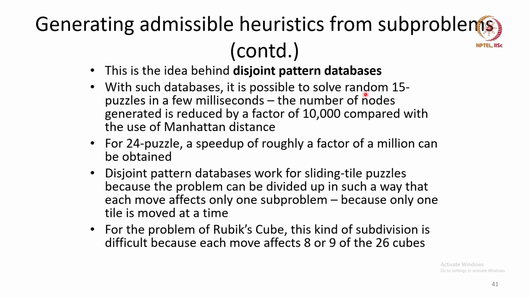It's possible to solve random 15 puzzles in a few milliseconds, with the number of nodes generated reduced by a factor of 10,000. In the case of the 24 puzzle, a speed up of a factor of 1,000,000 can be obtained. So that's a lot if you are able to use these disjoint pattern databases, and it's good to use them.